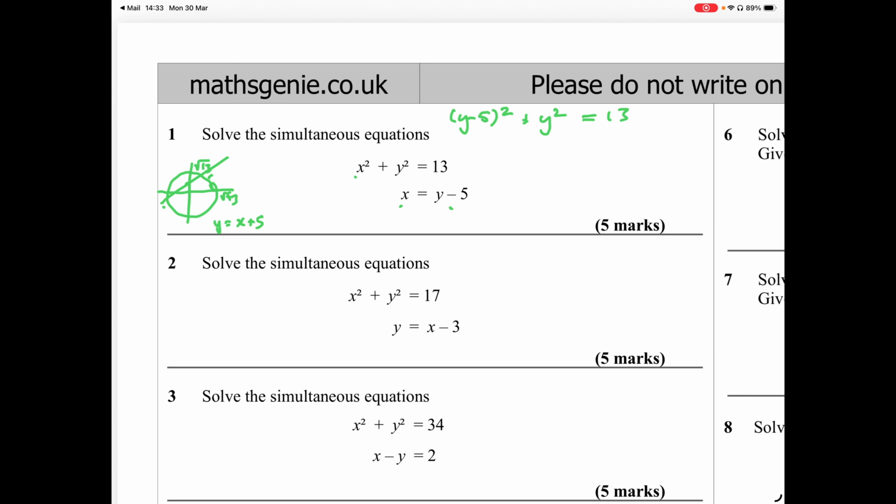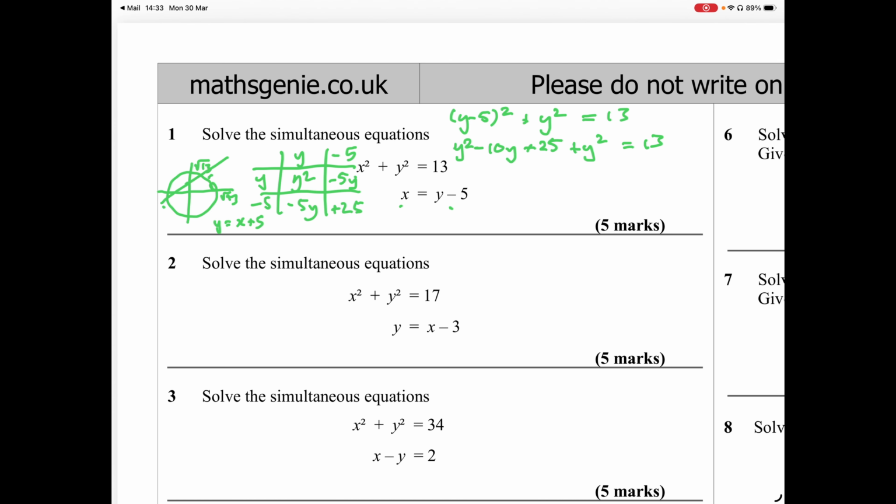Now the problem with this is you're quite likely to make a mistake, so let's make a little grid, and we'll go y squared minus 5y minus 5y plus 25. So that is y squared minus 10y plus 25, plus y squared equals 13.